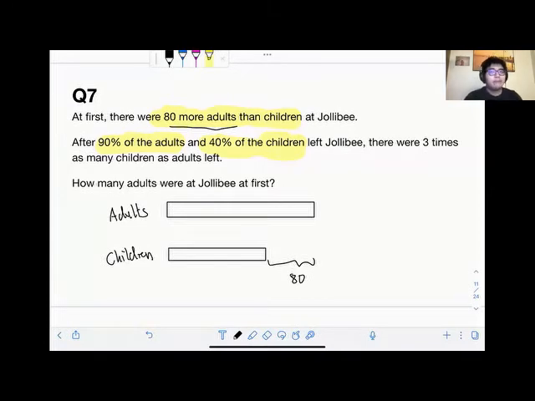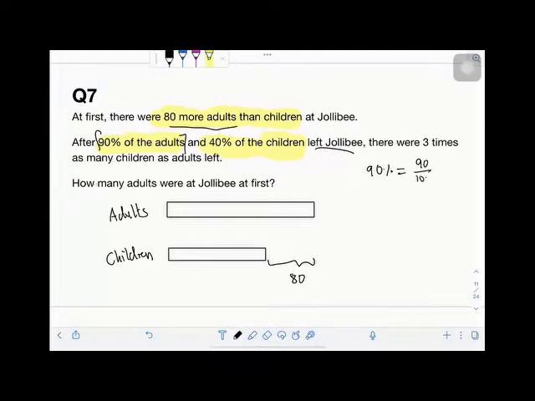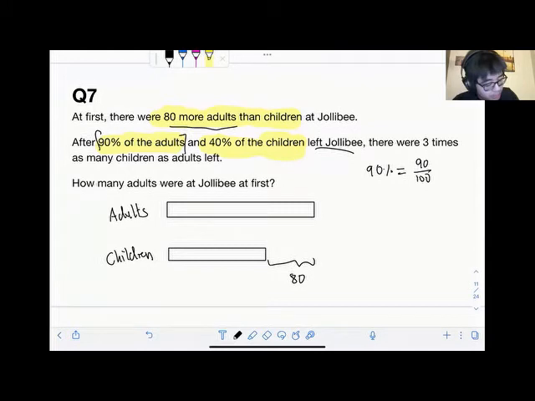Then we see that after 90% of the adults left the restaurant, no? So left Jollibee. So 90% of the adults. Pwede po nating sabihin na yung 90%, ano ba yung ibig sabihin niya? 90%, as we know, means 90 over 100, no? Yun yung ibig sabihin ni percent. Pero medyo matagal kung gagawa po tayo ng 100 boxes, even though we could, valid po siya. Hatiin po natin si adults into 100 at 90 yung tatanggalin natin.